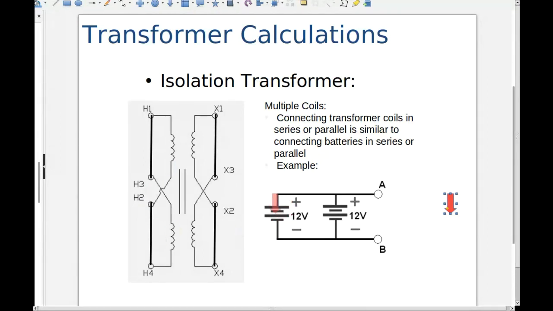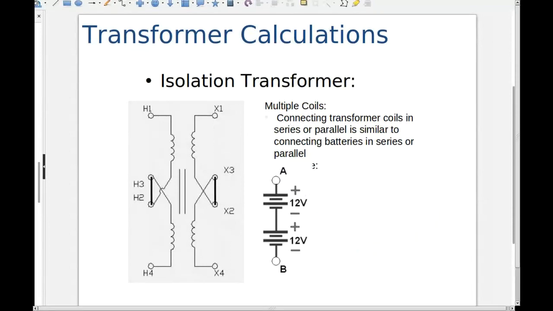So that is giving me two coils connected in parallel, and so that gives me double the current, but a smaller voltage. And so I'm just kind of trying to show you all the different connections here.